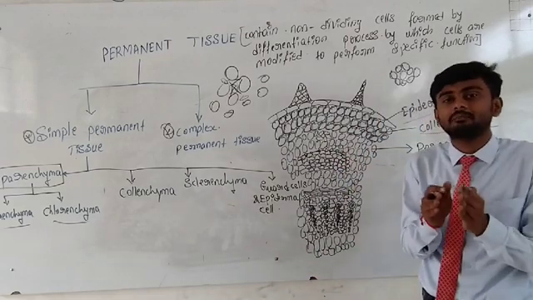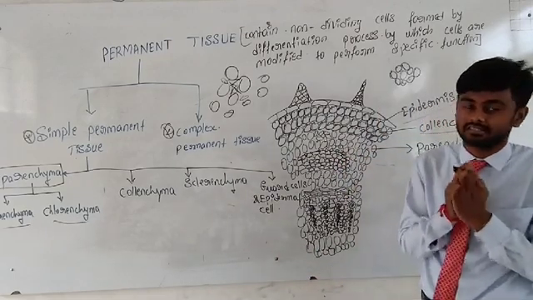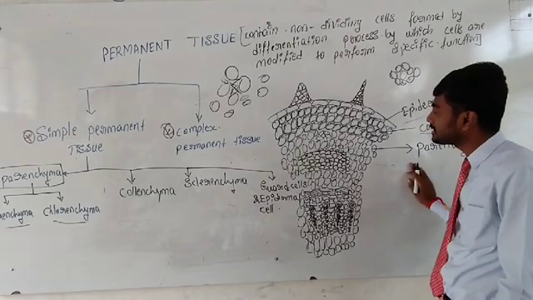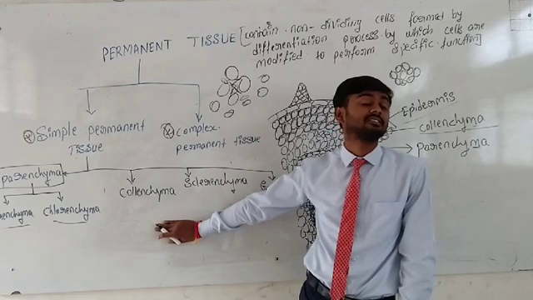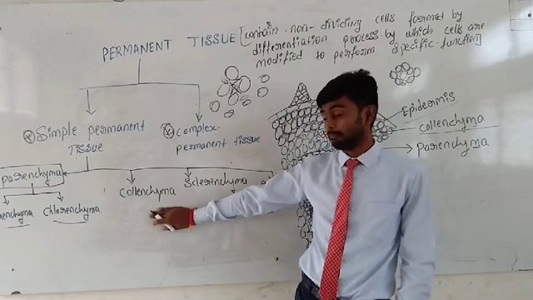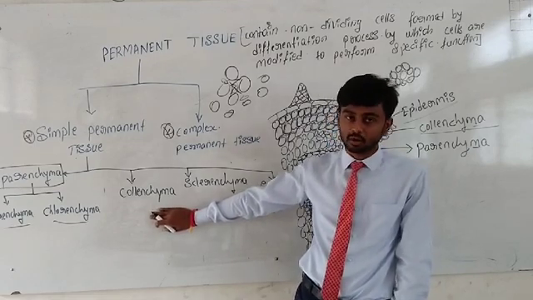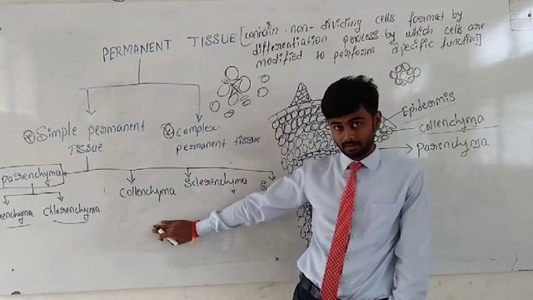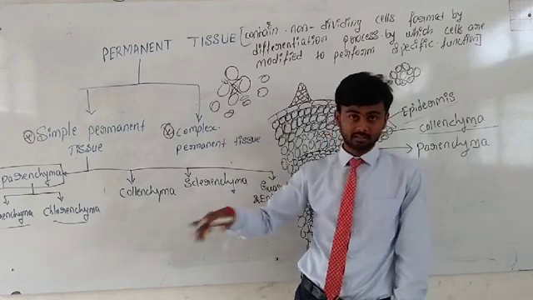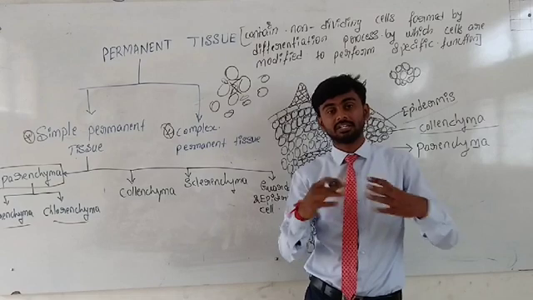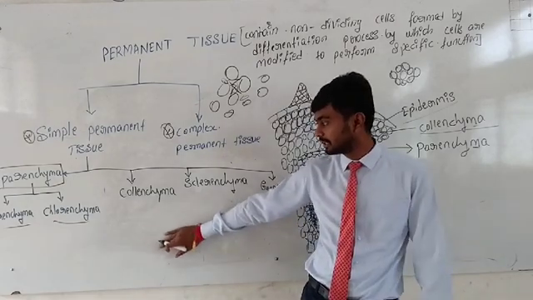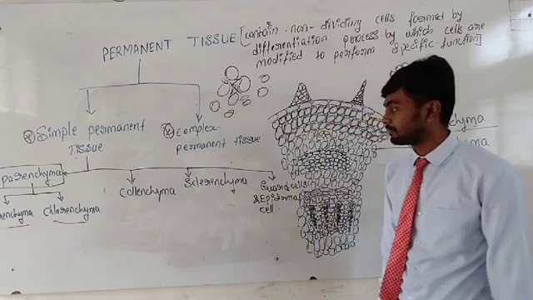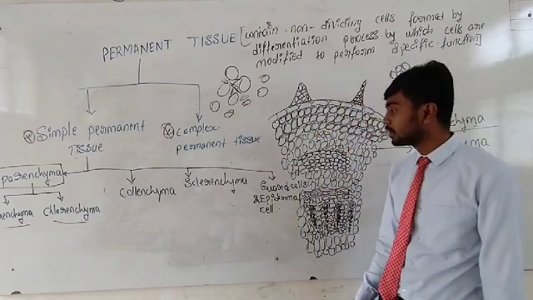It has fewer intercellular spaces. Collenchyma plays the main role in allowing plants to bend. In presence of collenchyma, the plant shows flexibility. Clear with me? So this is about the collenchyma.